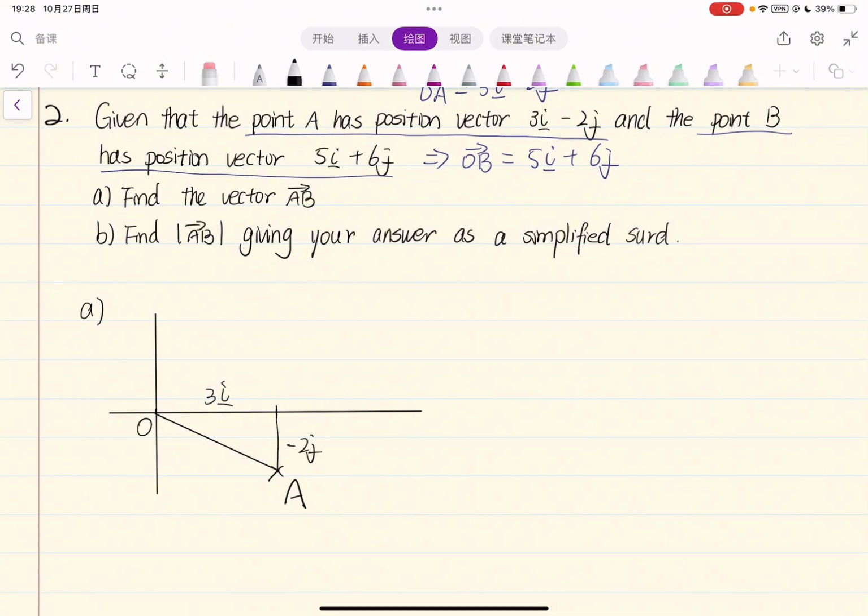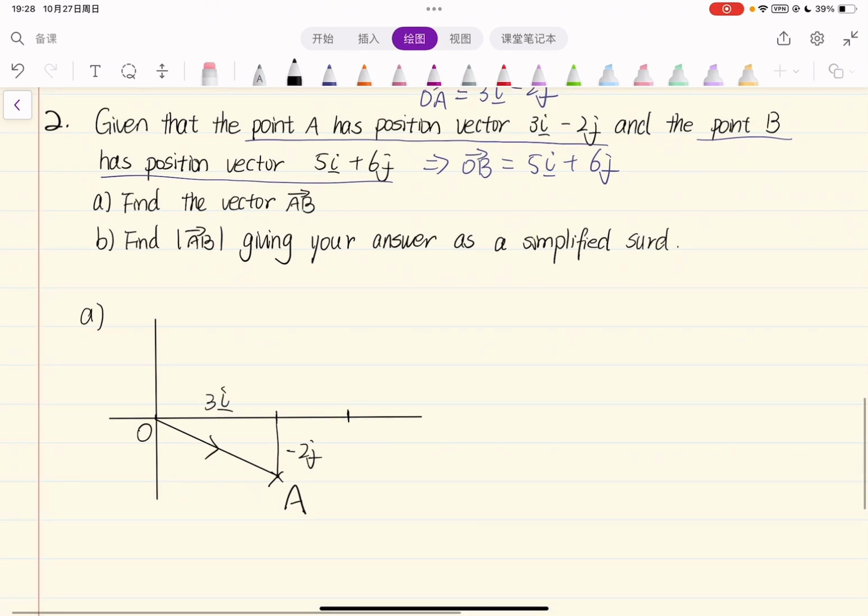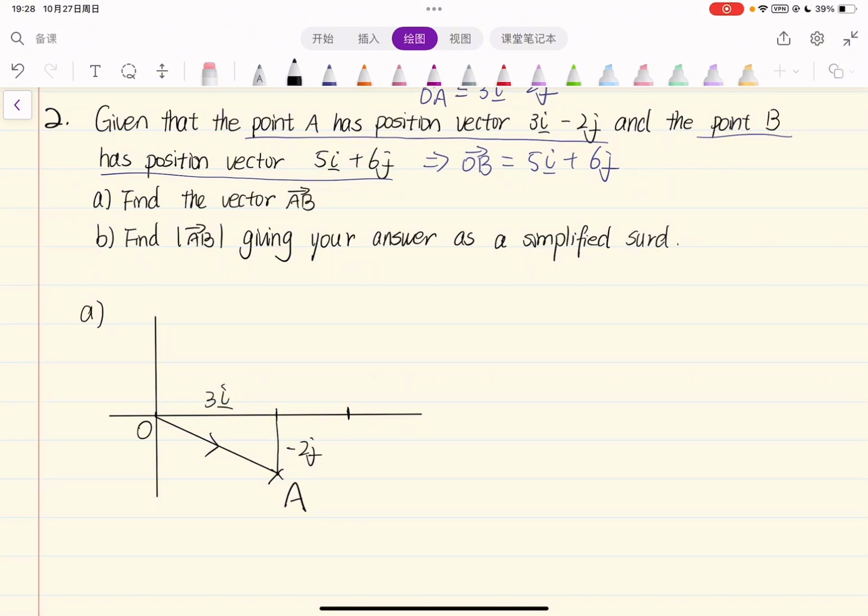And then the point B has a position vector 5i plus 6j. So we have 5i and 6j. Probably over here, I guess. That is 6j, and here is 5i. So we can sketch the vector OB.